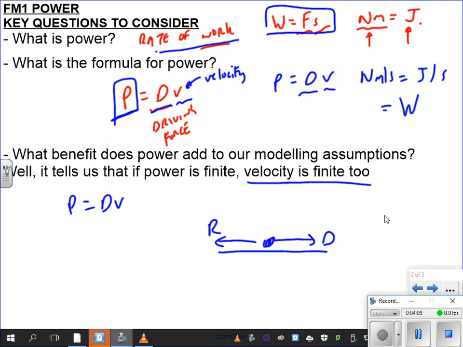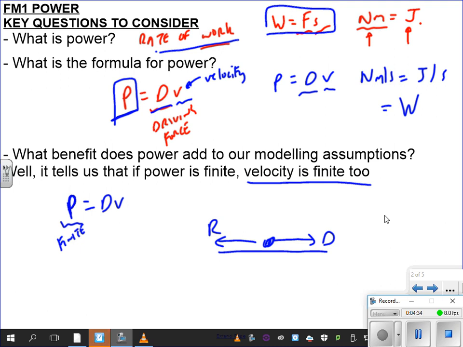Let's think about what happens. So you put your foot down on the pedal, right? You've got your power here. The engine can only reach a maximum power, can't it? A finite number. So this is a finite number, okay? Therefore, if the finite number to make that is D times V, think about it.